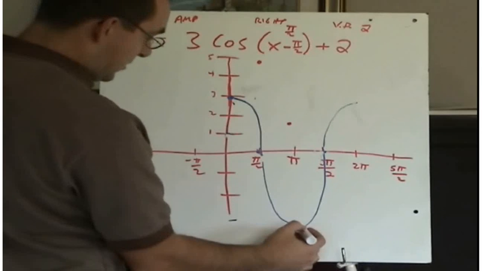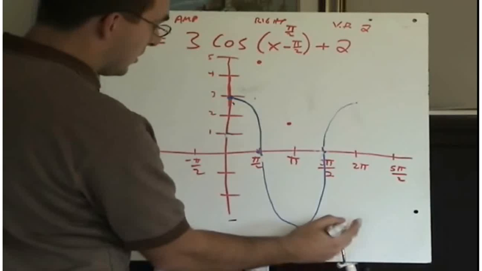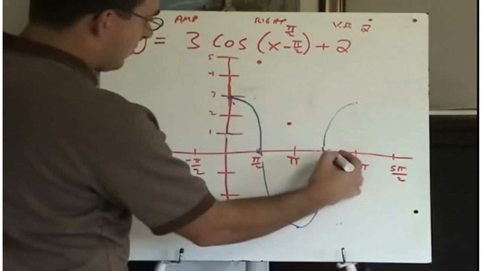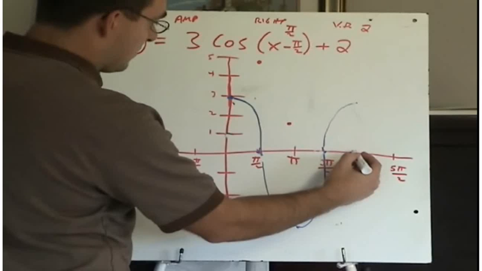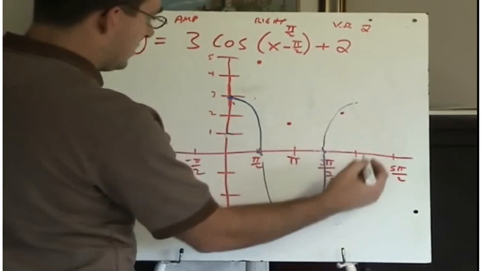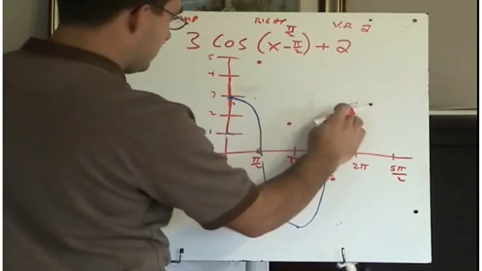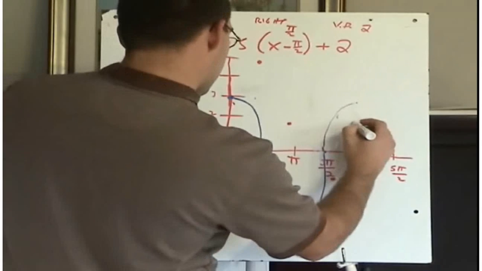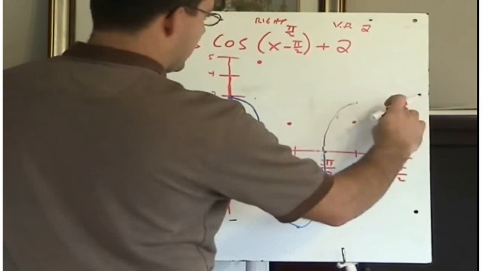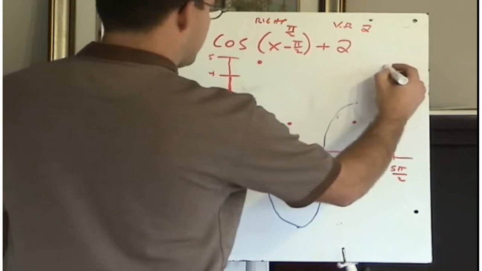This point, moved right pi over 2 and up 2, would be here. This point is right here. And this point, moved right pi over 2 and up 2, is up here.